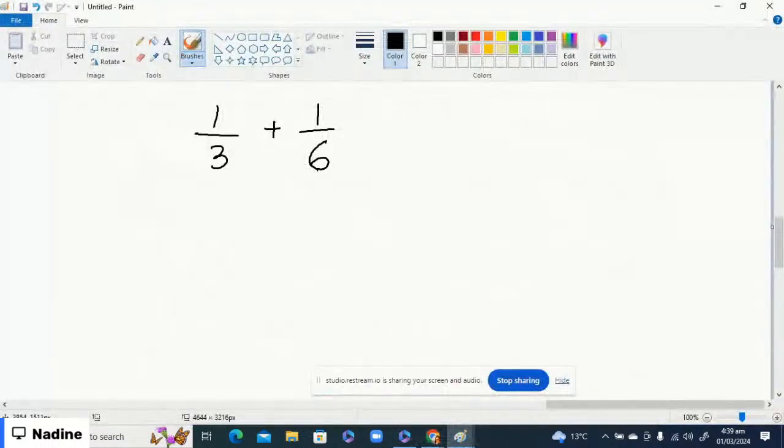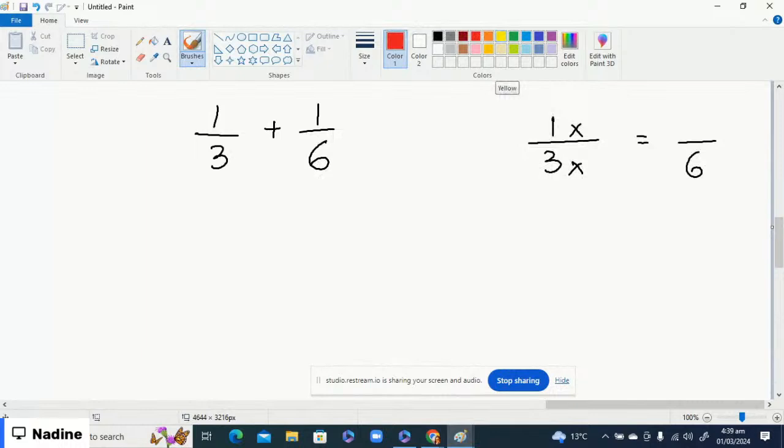Which one is greater? Yes, it's 6. Let's take 1 by 3, multiply and divide with a number to make the denominator equal to 6. We are going to multiply 3 with which number to get the answer 6?